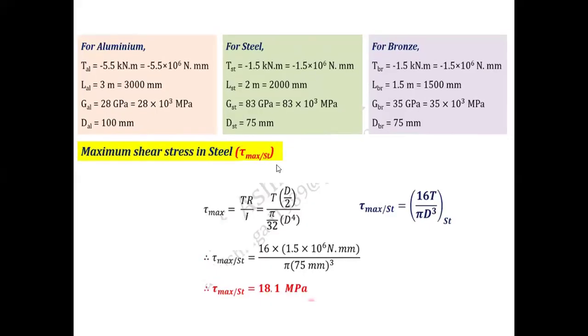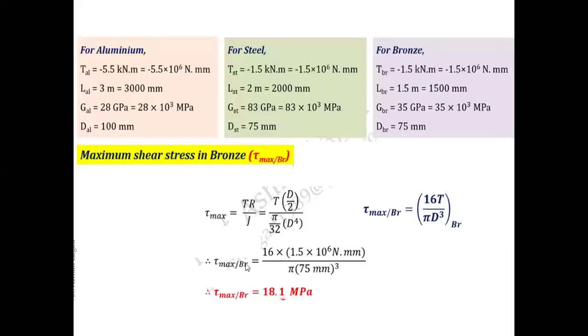Similarly, shear stress for steel is TR upon J, T into d by 2 upon pi by 32 d raised to 4, so again that equation becomes 16T upon pi d cube. For steel, if you put all these values, you will get shear stress of 18.1 megapascal.